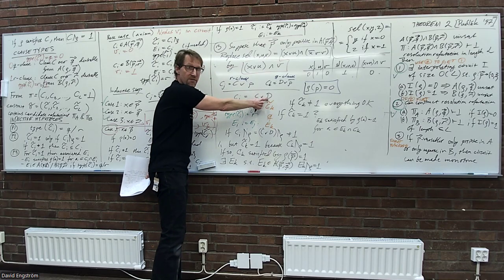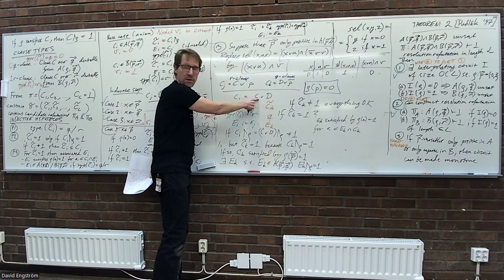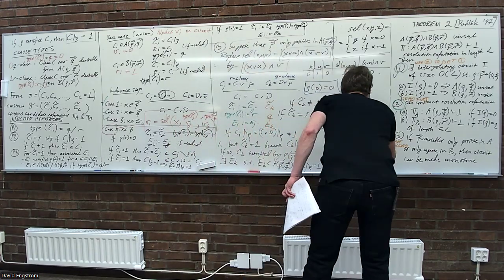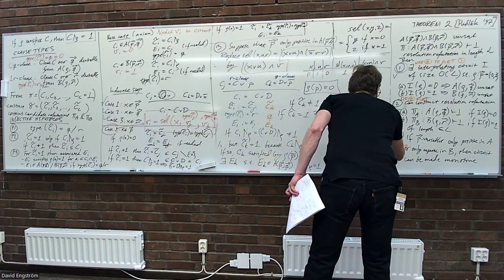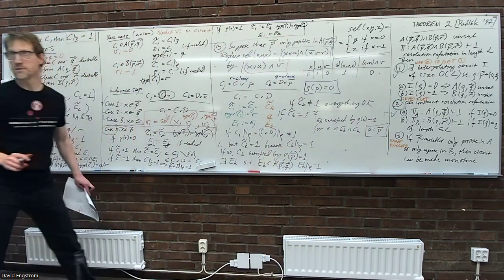Because again, rho is not satisfying this guy. So what is the only literal that rho can satisfy? Again, I'm circling back to i.e. A is actually not P. That's the only possibility.